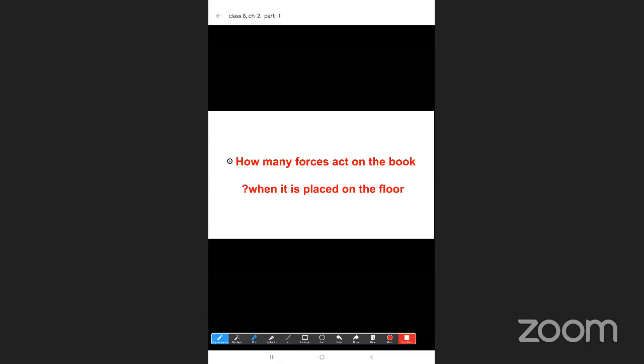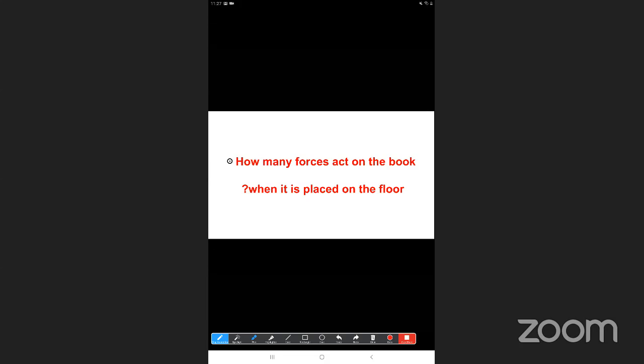Here, on the book, when we keep it on the table, on the surface of the table, how many forces act on the book when it is placed on this table or surface of the table or floor?